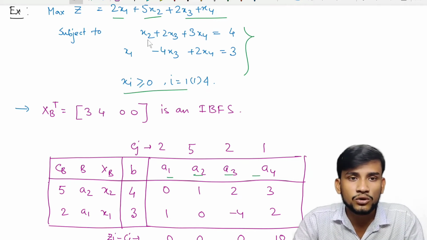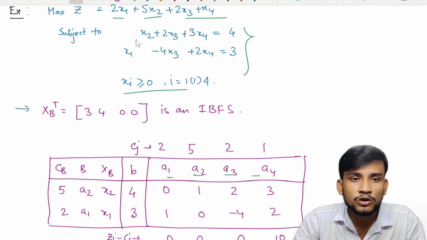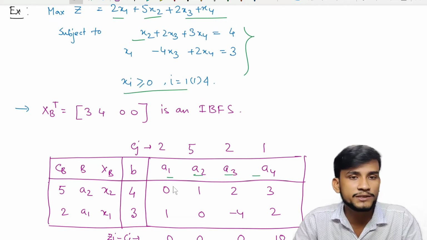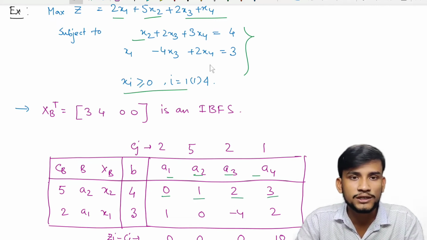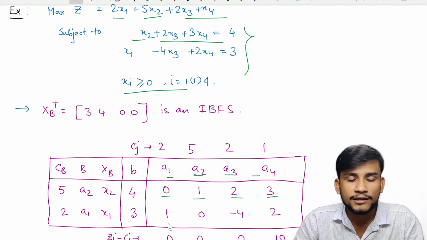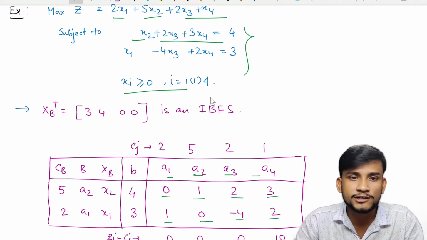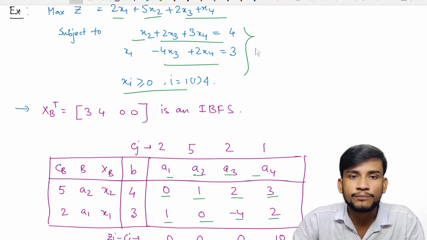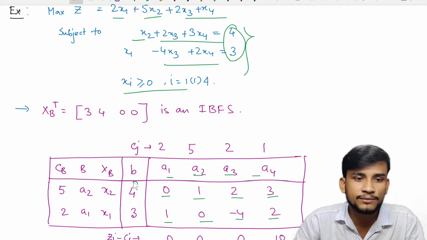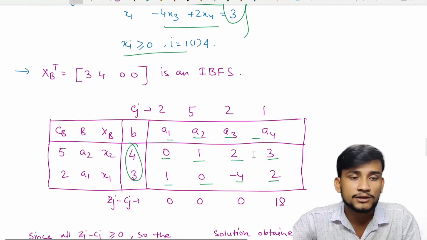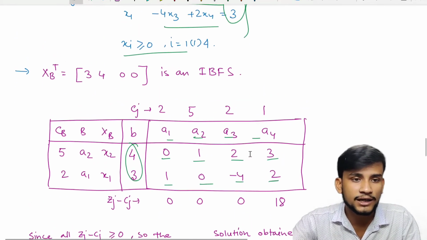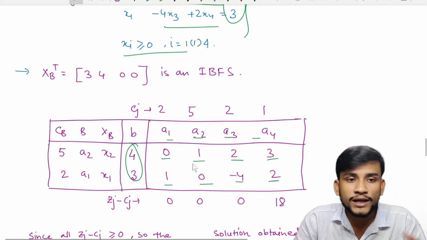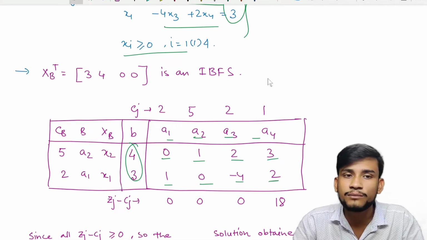If we write the coefficient matrix, we get 0, 1, 2, 3 for the first constraint, and 1, 0, minus 4, minus 2 for the second constraint, and the value of b is 4 and 3. These are the vectors, and how do we choose the basis vectors and the initial basic feasible solution?